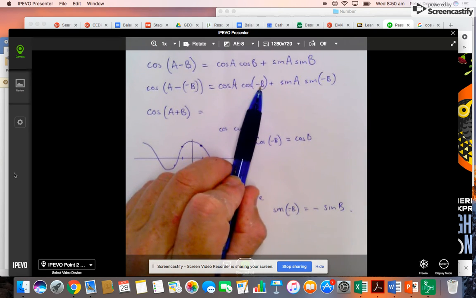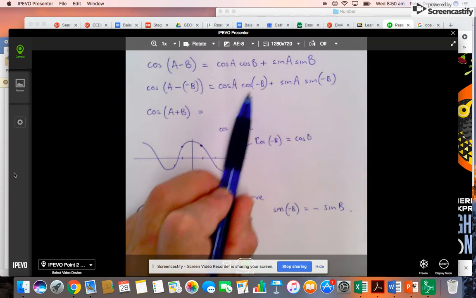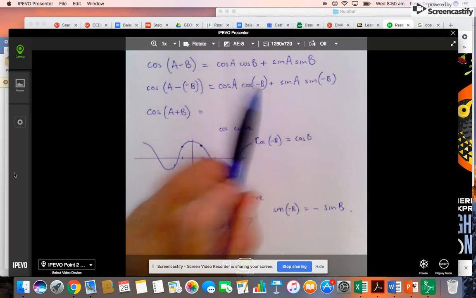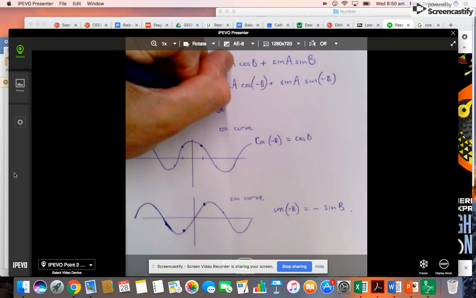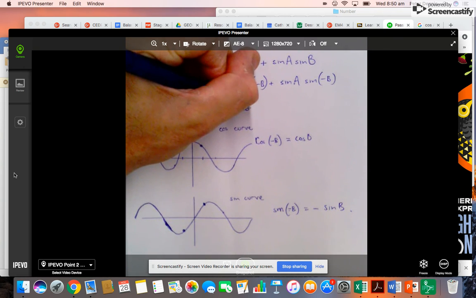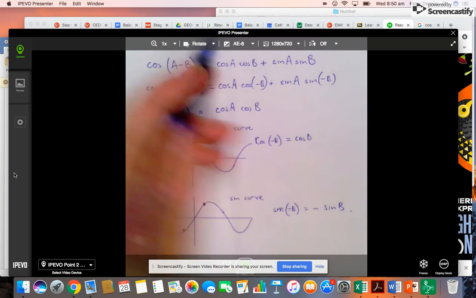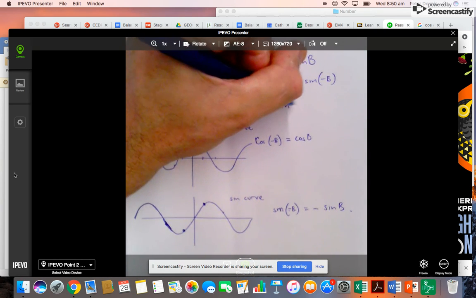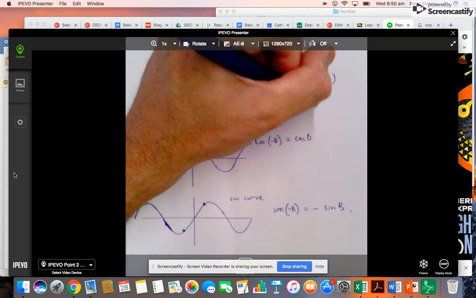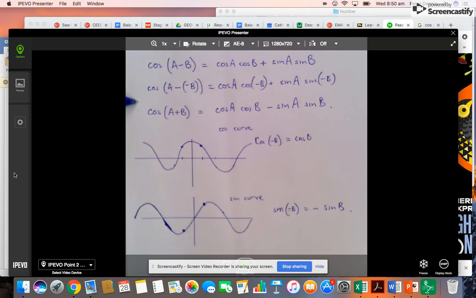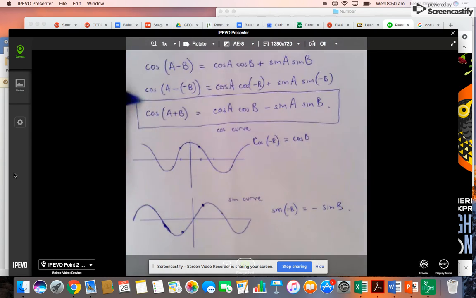Instead of B, we put minus B. What did we just say? That the cos of minus B equals cos B. So we get cos A cos B. And what was the sine of minus B equals minus the sine of B. So that's how we get that second formula. And I might just leave it there.